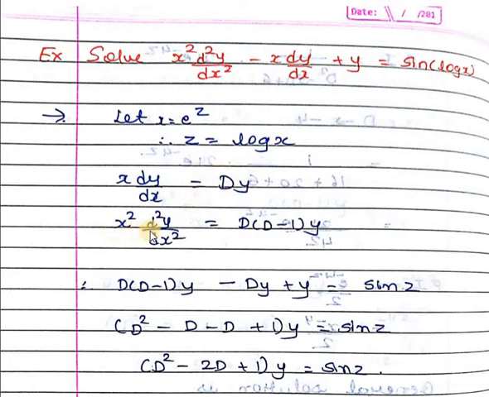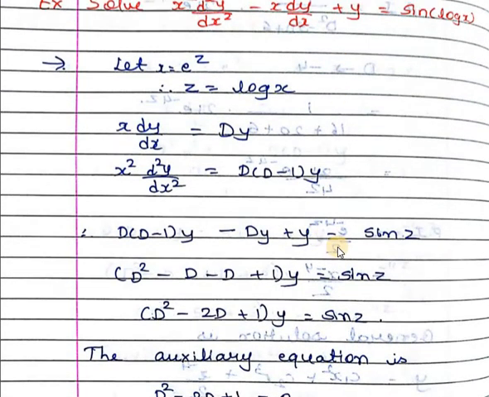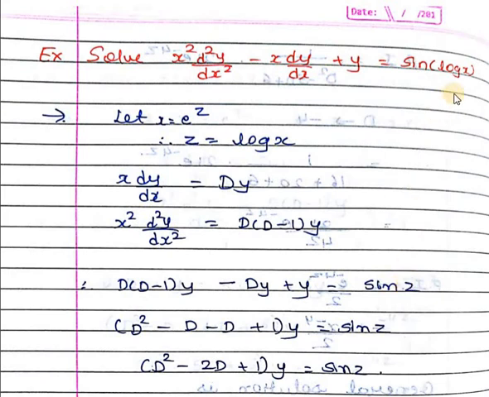Same way, x square d square y divided by dx square will be converted into D minus 1 y. So here we replace x square d square y divided by dx square by D minus 1 y, and x dy by dx by Dy, plus y is equal to sine z, because log x is z. So sine log x will be sine z.